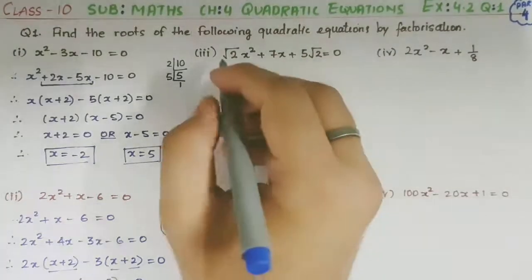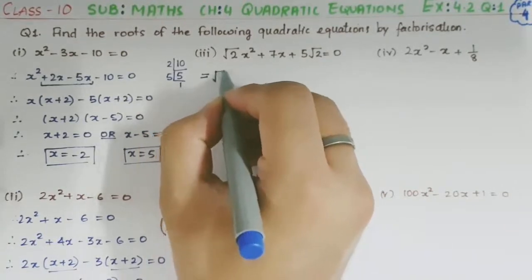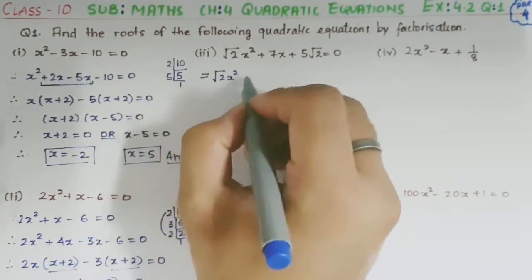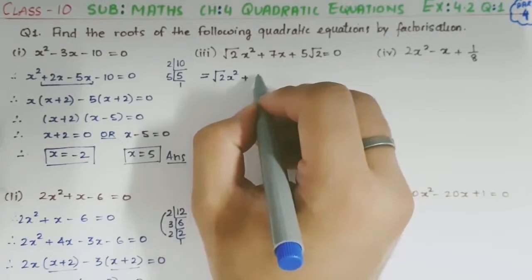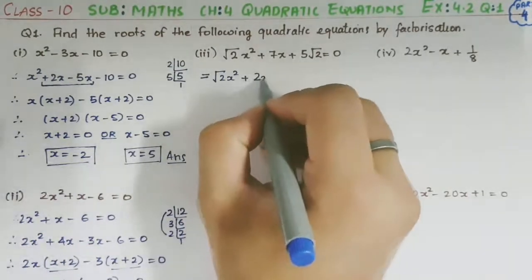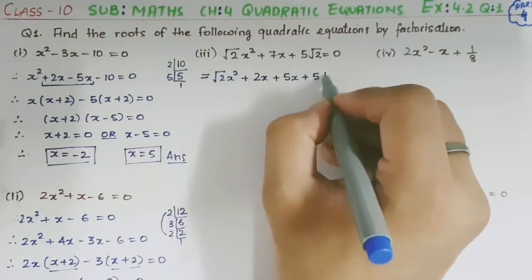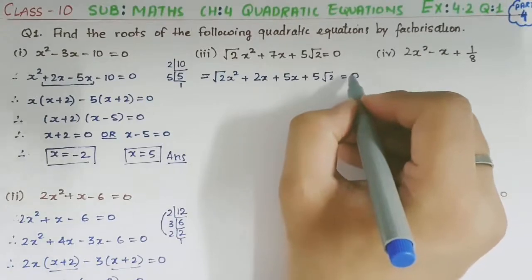Okay, so root 2 x square, I can write down 2, plus 5x plus 5 root 2 equals to 0.